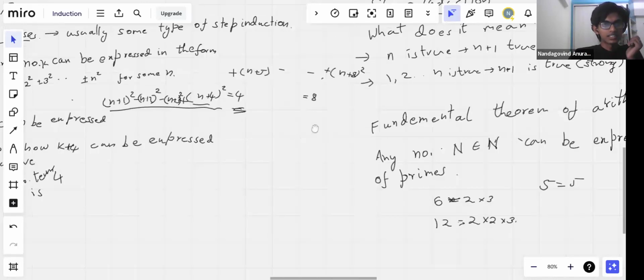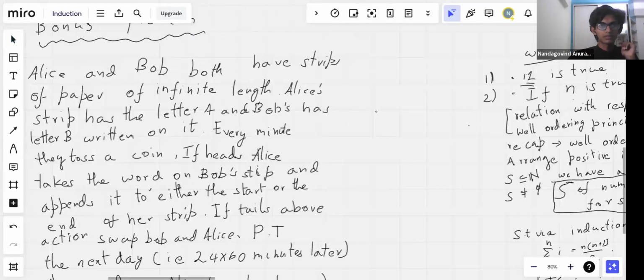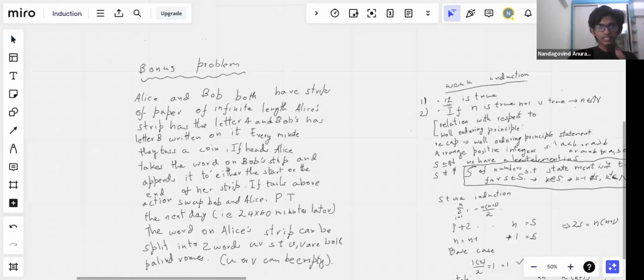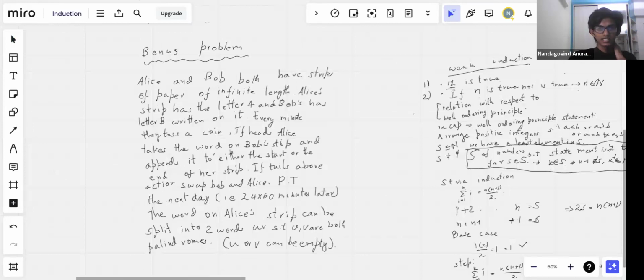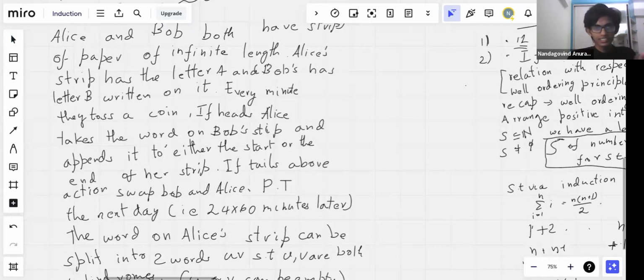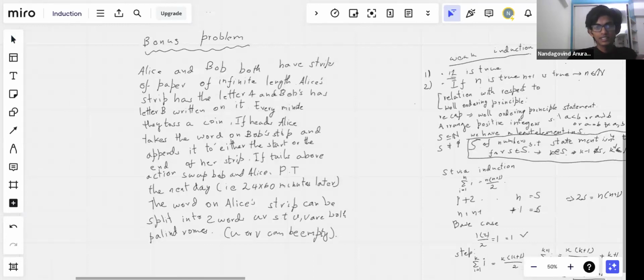For those of you who have done this level of stuff, you all can try this problem. This one's not easy, so only do this if you're confident in your ability with induction. Is it readable? You guys can take a screenshot. This is for people who can solve IMO P3s.